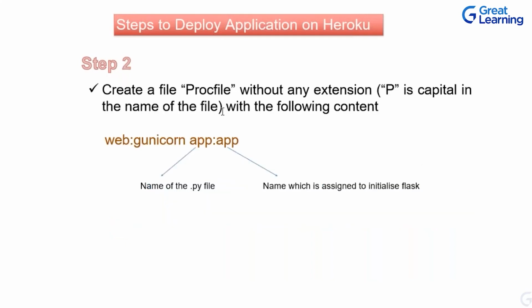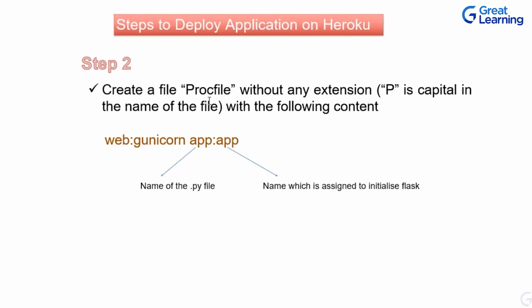Now, this requires creating two different files. The first is a Proc file, and the other is a configuration file. So Heroku platform deployment requires you to create two additional files: one is a Proc file and the second is a configuration file.